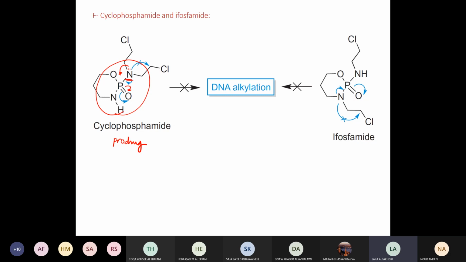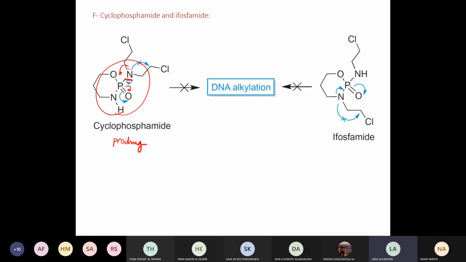So the design of those two drugs relied on the fact that cancerous cells have high levels of phosphoramidases, meaning that when those drugs enter the cancerous cells, they undergo selective hydrolysis on site, thus acting in particular in the cancerous cells. That was the basis for their rational design.